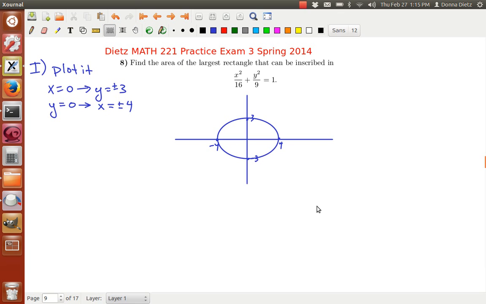Okay, now what is the area of the largest rectangle? So there's going to be a rectangle that probably looks like that. Okay, so we want to figure out what the area is.